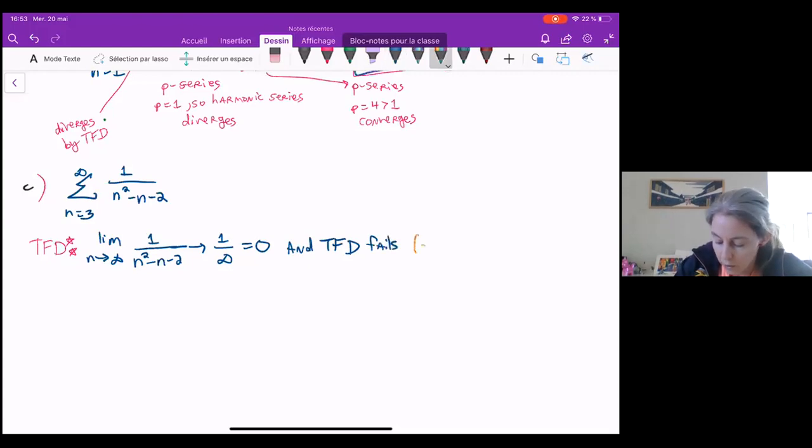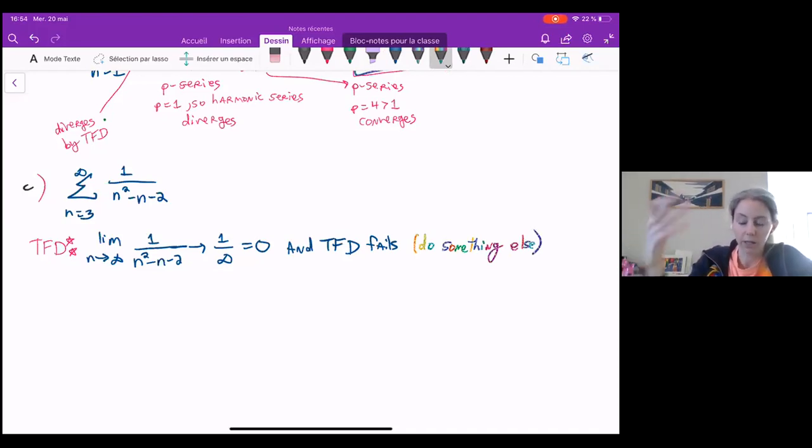So we need to do something else. So we know there's something else. The only thing left to do is telescoping series. So is it telescoping?